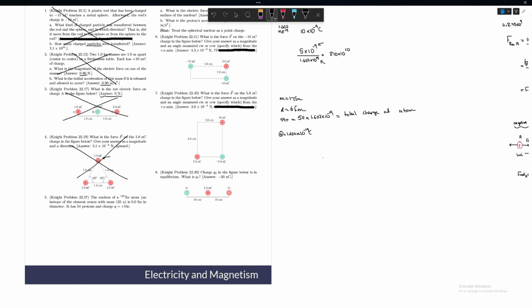Now let's draw the problem. We have some atom. Assume it's a circle, and this is Xe. We know it has some mass, a diameter of some distance, and some charge.